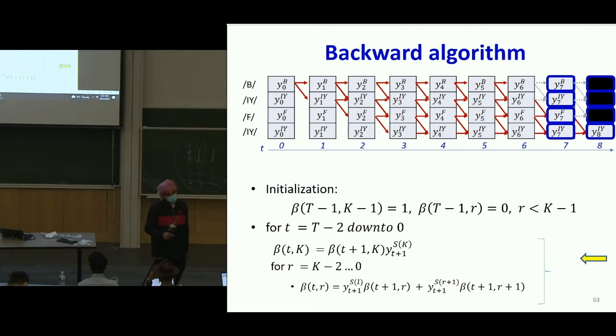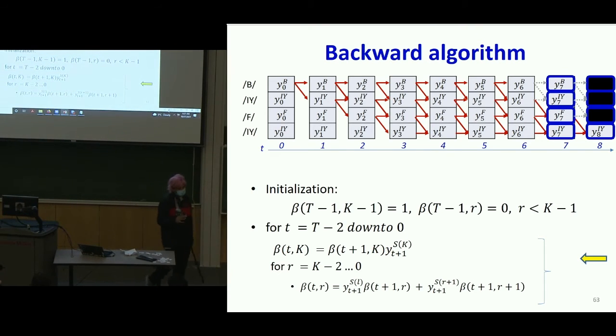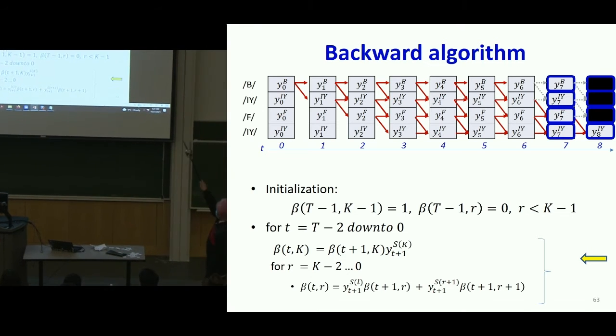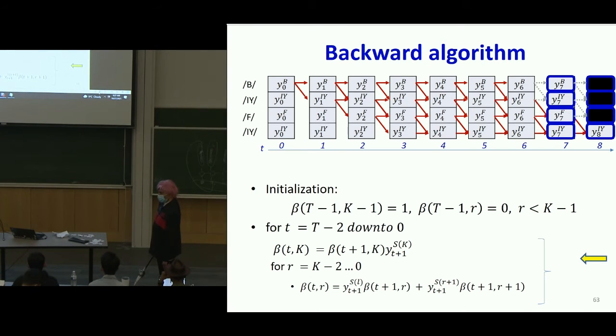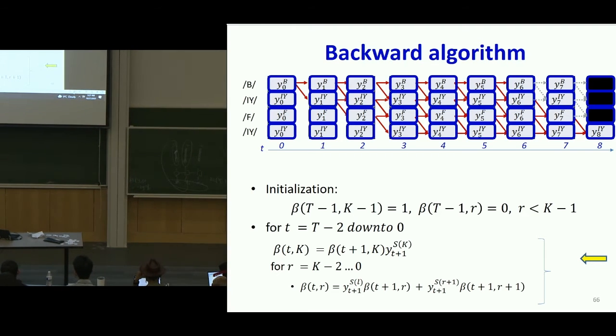And for each successor, I'm just going to be adding the product of the beta for that successor and the node probability for that successor. It's a very simple operation. And so I can compute the betas for the first column going back, the second to last column, and the third and the fourth. I can work my way all the way back to the beginning. And now my problem is solved.